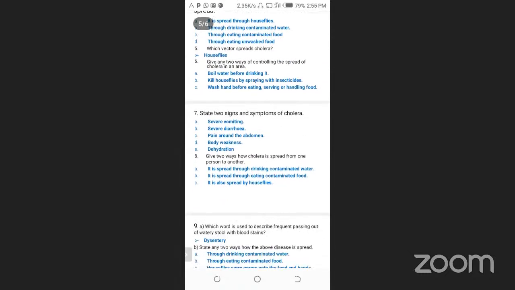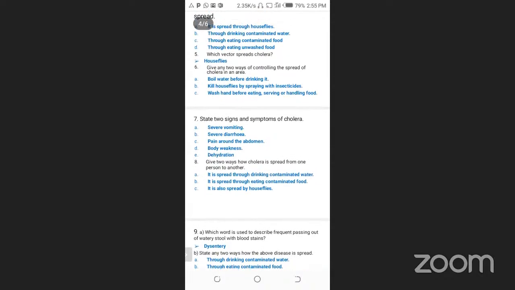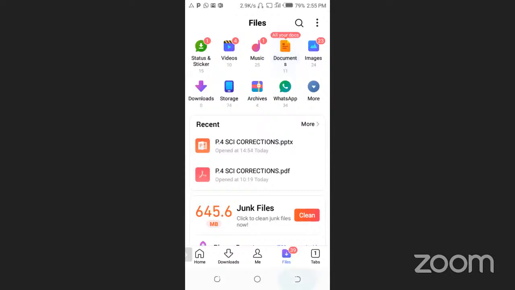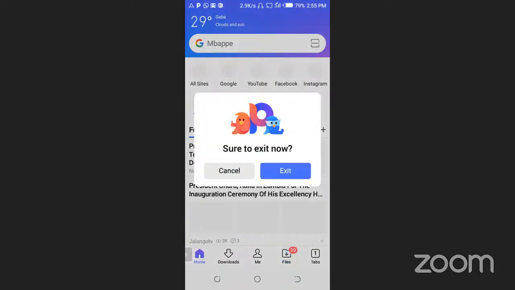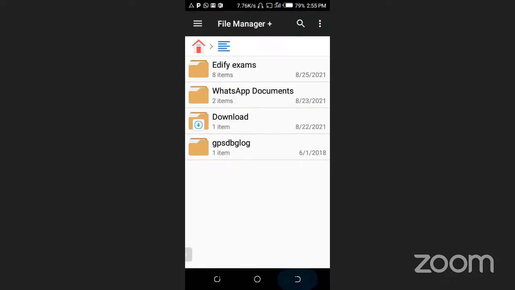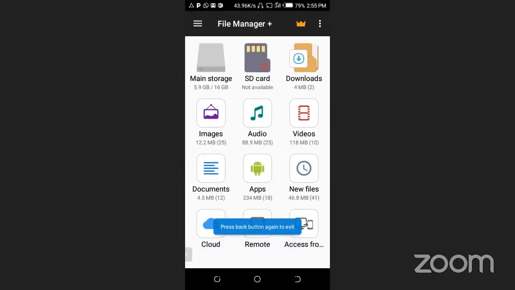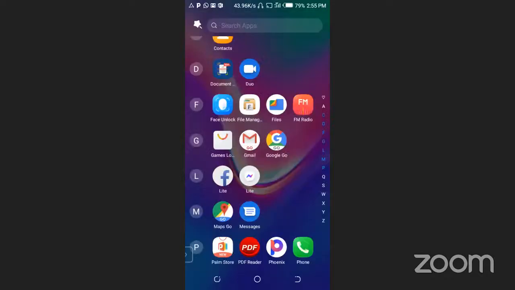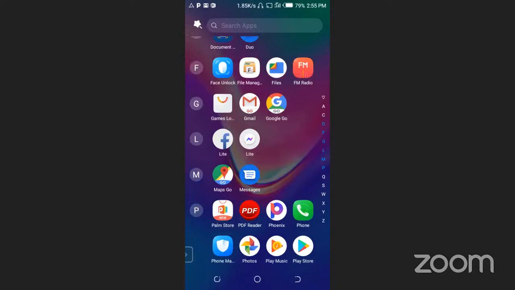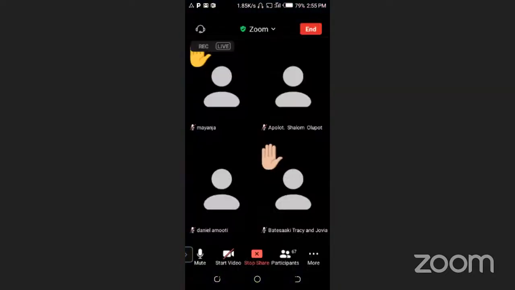How is dysentery spread? Let's go back and hear the answer. Correct. So you see, most of these are internal diseases. Let's go. How is dysentery spread?